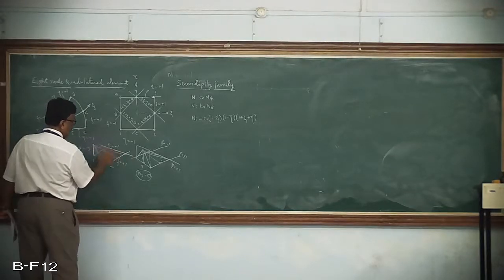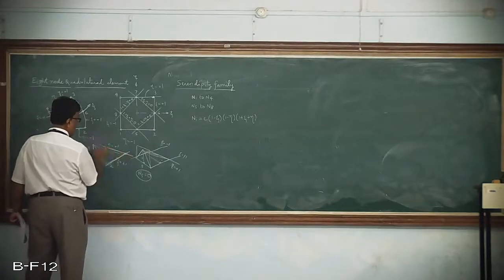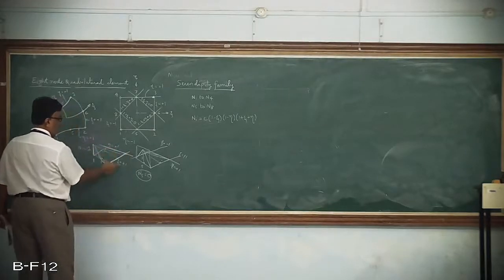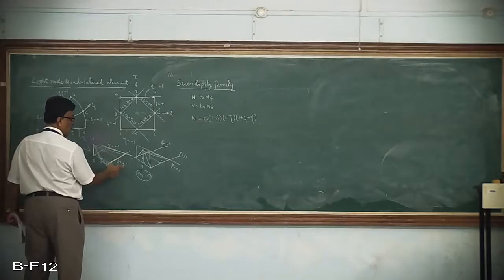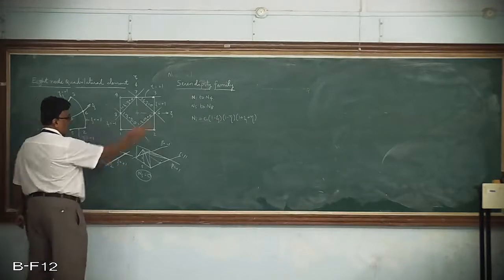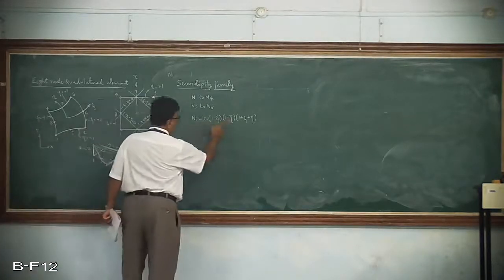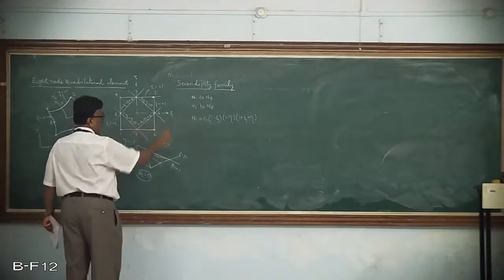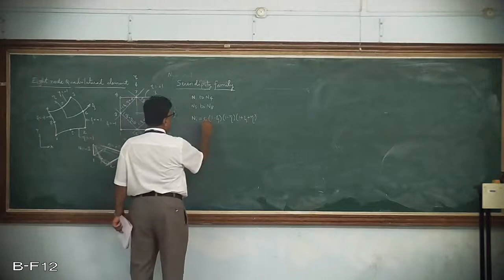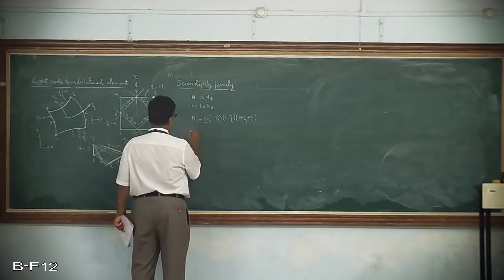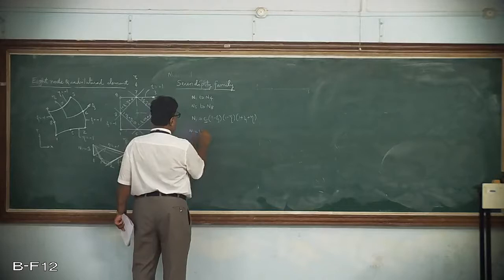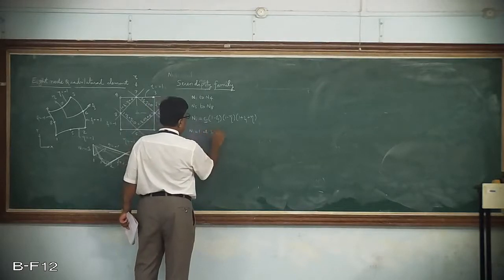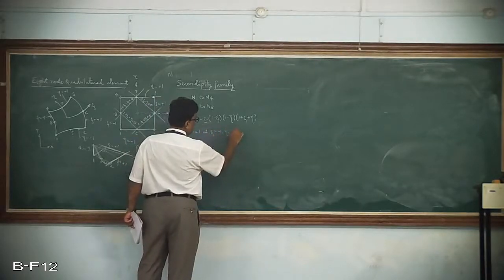But when you come to this, along this there is no variation of n1. So to meet this, whenever I substitute zeta equal to plus 1 and eta equal to plus 1, it should become 0. So that will take care of these two. And along this line also it should be 0, that is referred to that. So that is the reason I have taken this constant C. Now I have to find out the value of C. That is, n1 is 1 at zeta equal to minus 1 and eta equal to minus 1.